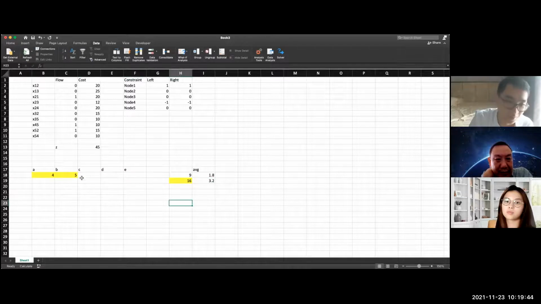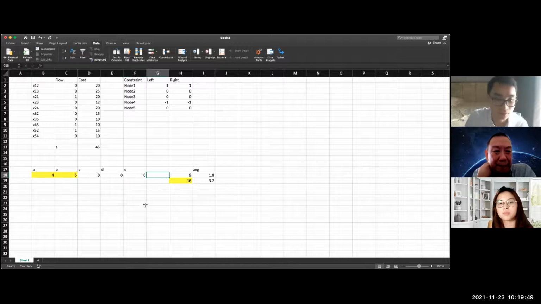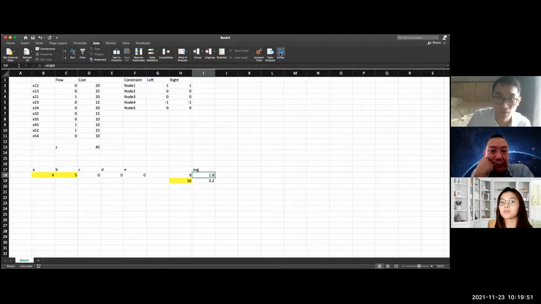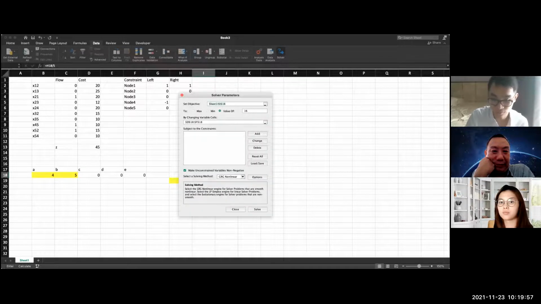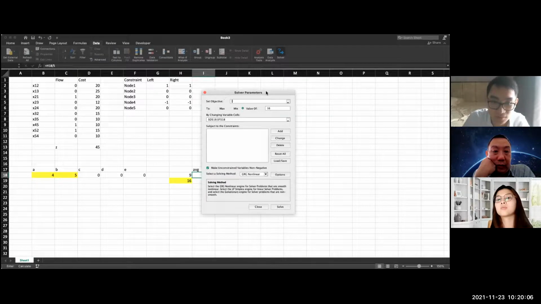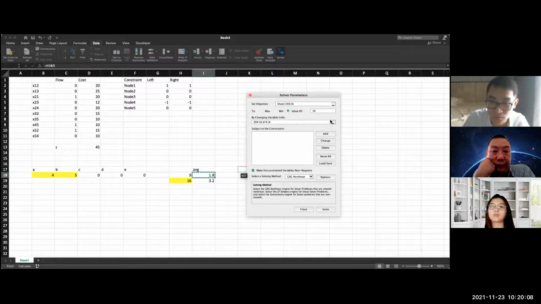So using solver, we can get it as well, right? We just change it into this one, value of 3.2. Wait, set objective 3.2 by changing variable there.